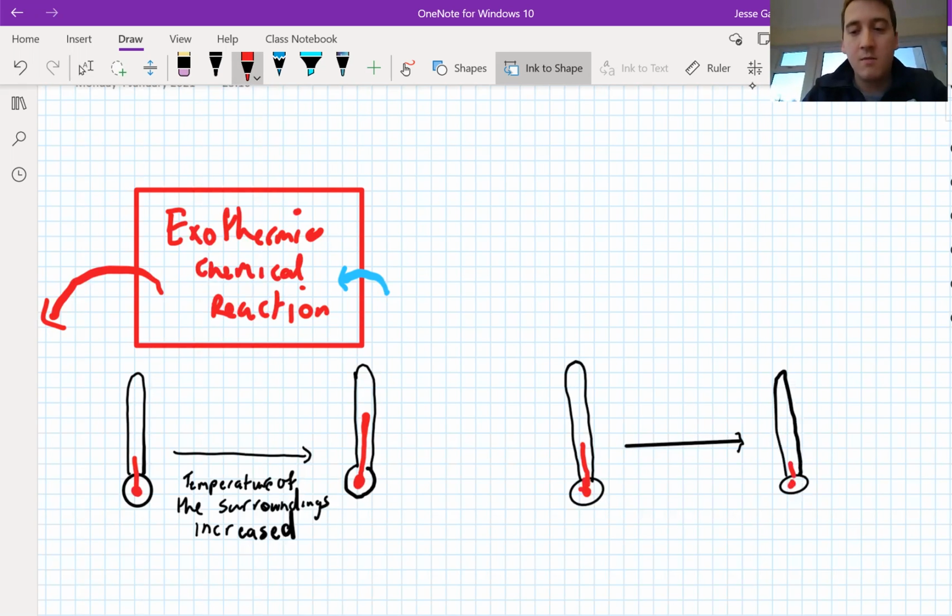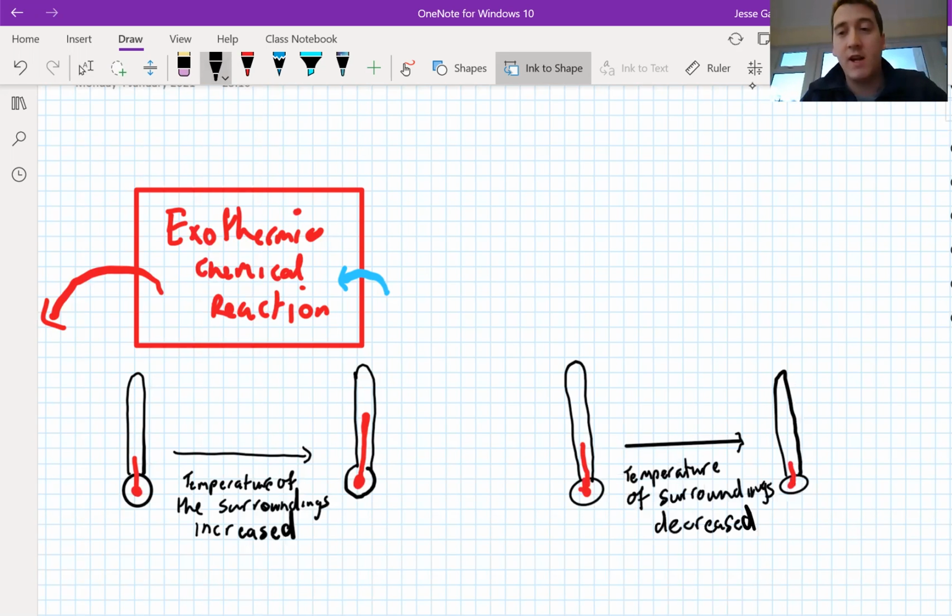What has happened? Well, the temperature of the thermometer has decreased, which means the temperature of the surroundings has decreased because the thermometer is part of the surroundings.